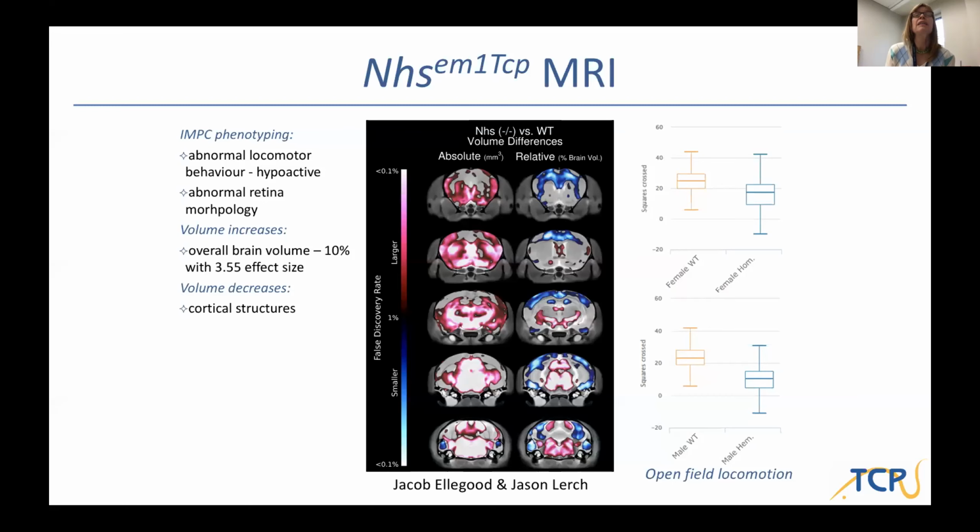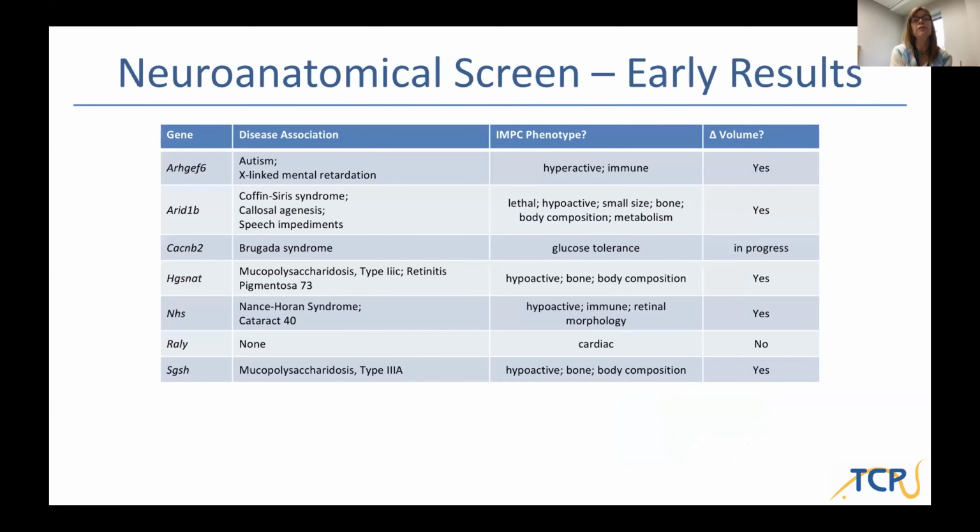So they gave us about 25 genes to look at. And some of the first genes that we managed to get through, nearly all of them showed behavior differences in the mouse, except for RALY, which only had a cardiac phenotype in the mouse, identified in our pipeline. And they saw brain volume changes in almost all of them, again except for RALY, but they did identify a structural cardiac phenotype.